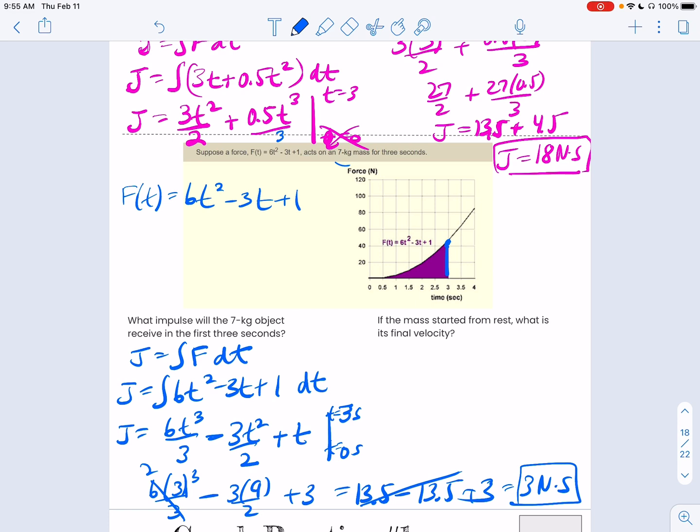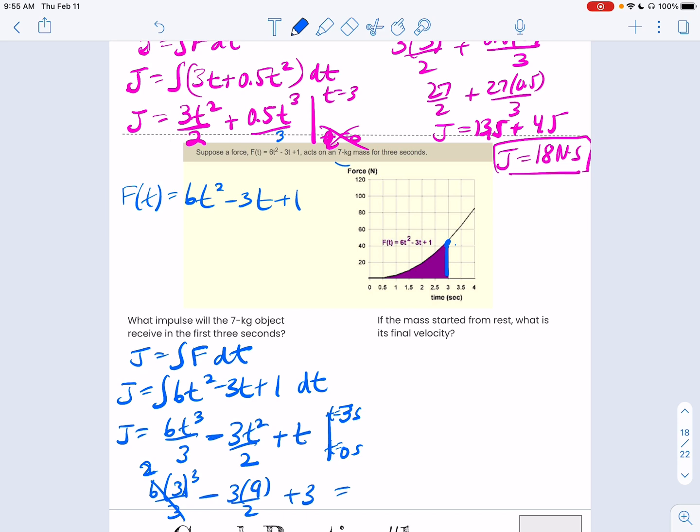That doesn't seem right. Wait a minute, I did something wrong. Oh, 27 times 2 divided by 2. I was like, that's too little. Look, I can see that area is not going to be 3. There's something wrong with that.